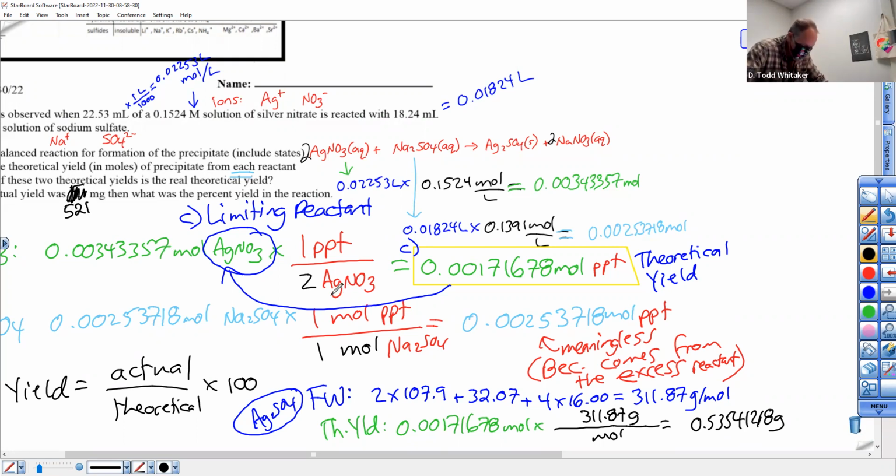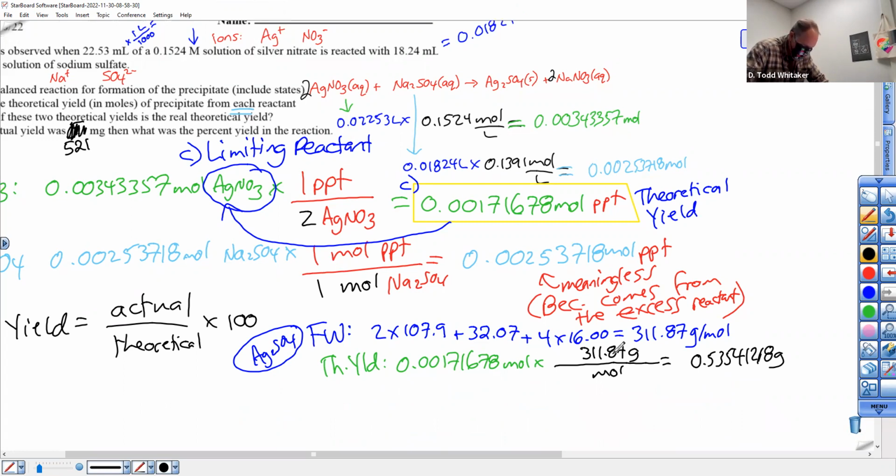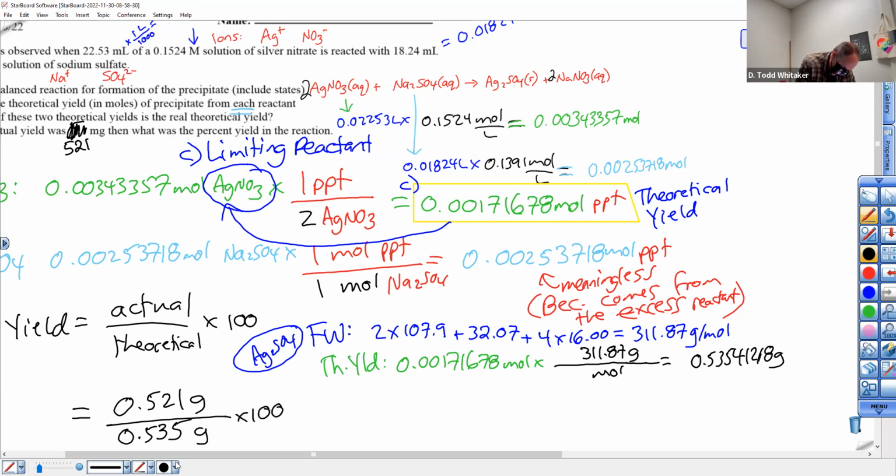And now we can calculate the percent yield. The most you could have made is 0.535 grams. So 0.535 goes on the bottom, right? And where'd this 0.521 come from? There's a conversion going on there. You should show the work for.